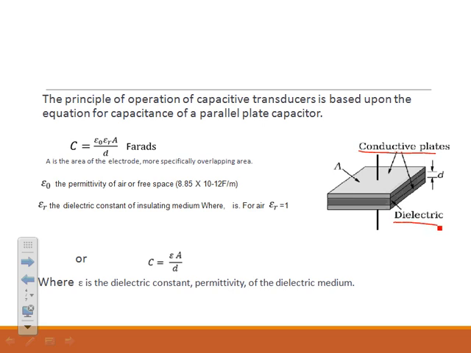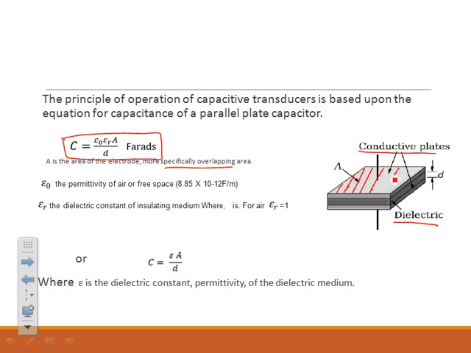The capacitance of a parallel plate capacitor is C equals epsilon naught epsilon r into A divided by D farads, where A is the area of the electrode, or more specifically the overlapping area.